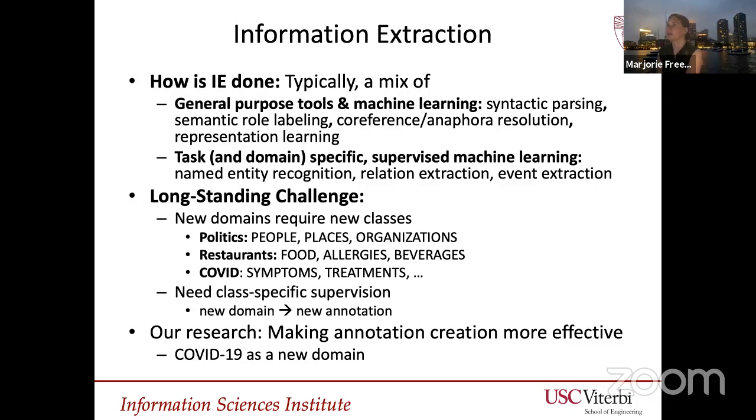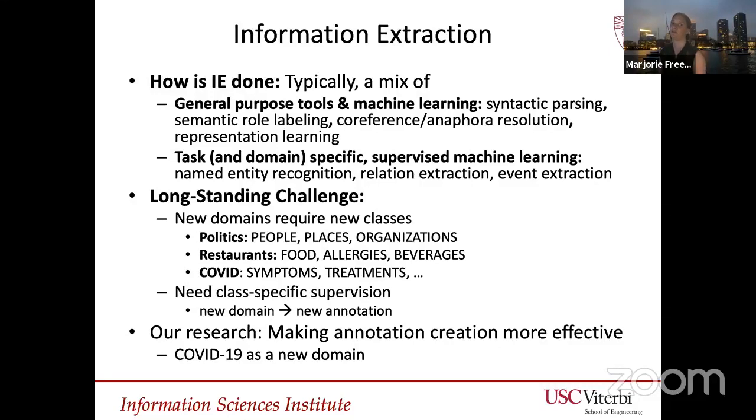But if we want to get to that final task space where we have these labeled relations and events, labeled entities, we end up using task-specific supervised machine learning. Some of the task-specific areas that people work on there are named entity recognition.